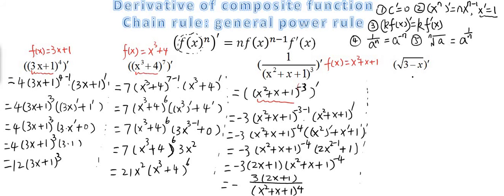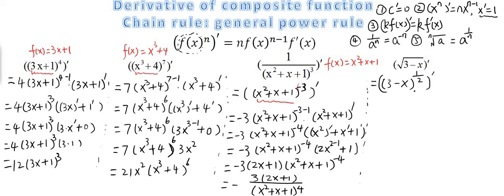Now let's take a look at the last example. And again, here I have a square root. We don't like the square root, so we're gonna follow formula 5 to convert it to a to the power 1 over n. Okay, so here is a square root. That means what? That means we can convert it to (3 minus x) to the power 1/2.